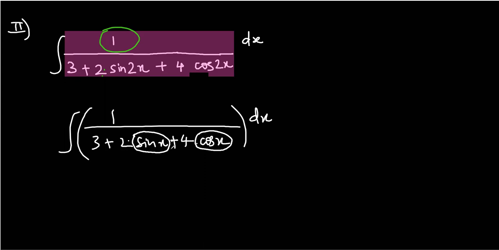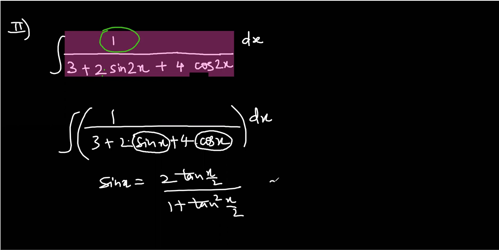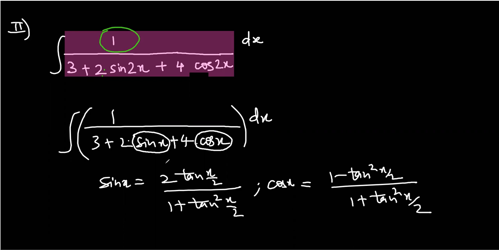You would have taken sine x as 2 tan x by 2 upon 1 plus tan square x by 2, and cos x as 1 minus tan square x by 2 upon 1 plus tan square x by 2. Since you take sin x as this and cos x as this, you substitute tan x by 2 as t.